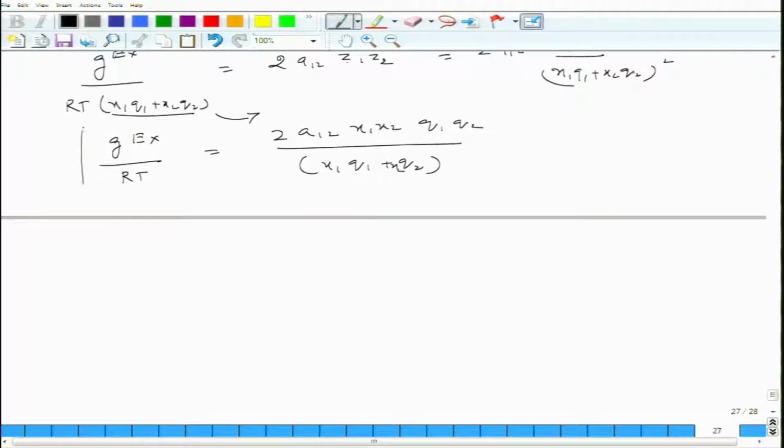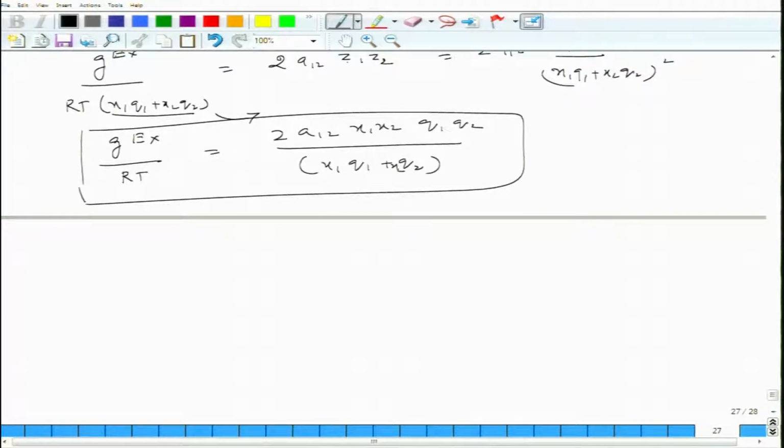If you do the calculations, you know that the activity is related to the partial excess property, and so you should be able to get this expression similar to how we got the one constant Margules equation and obtained the activity coefficient. Okay.